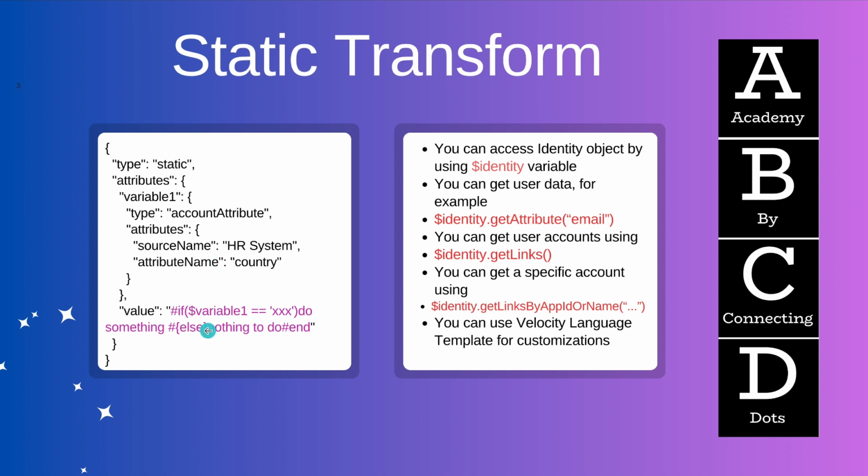And you can write a velocity script, Apache Velocity script, here in the value field. So the basic conditions or basic logic, if you'd like to build here, you can use it. Out of all the transforms we have, around 40, static transform is my favorite because it has a lot of power in it. Maybe SailPoint should rename it from static transform to powerful transform, I would say.